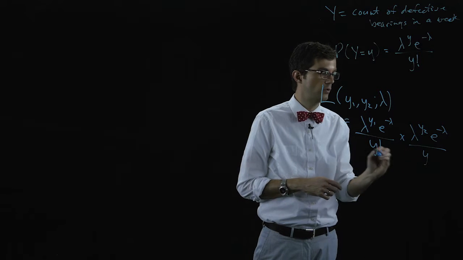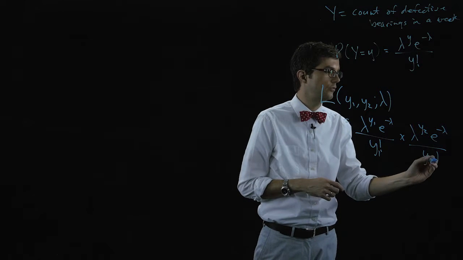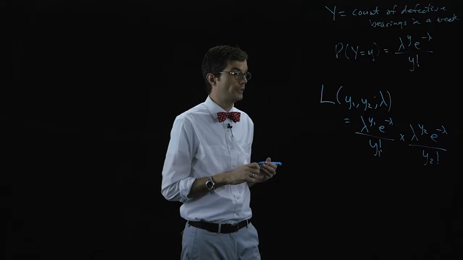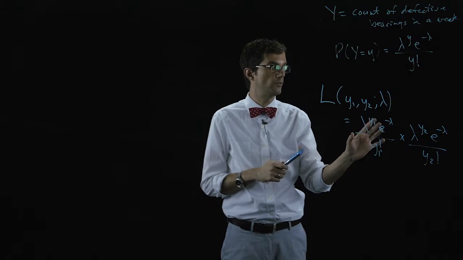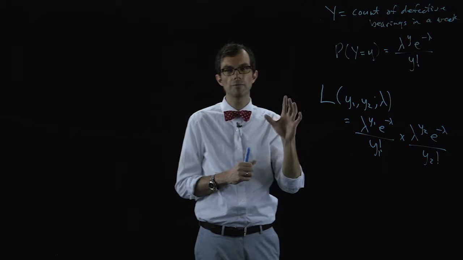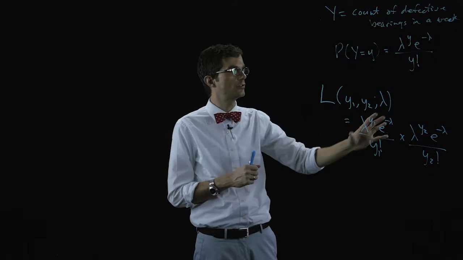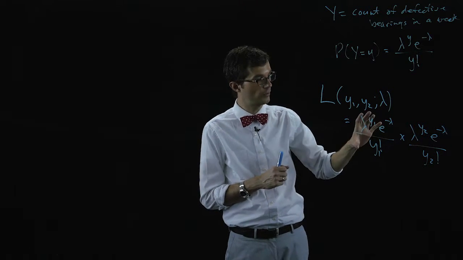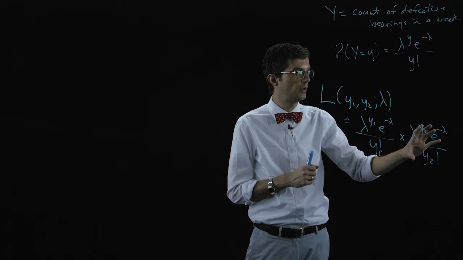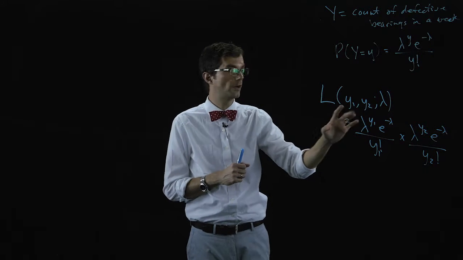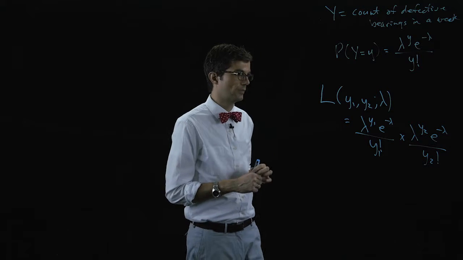We just had two observations, so we're going to remember the likelihood function multiplies the PDF together. This is not a PDF because this is a discrete distribution, but the idea is the same. We're multiplying the probability of one times the probability of the other. That gives us the likelihood function for these two observations.